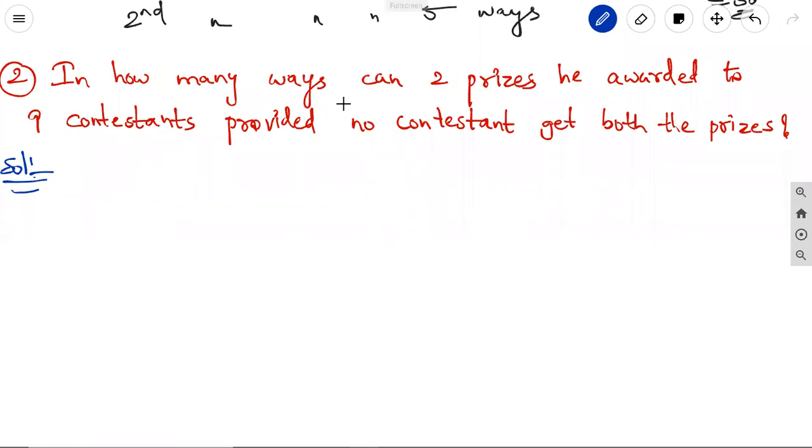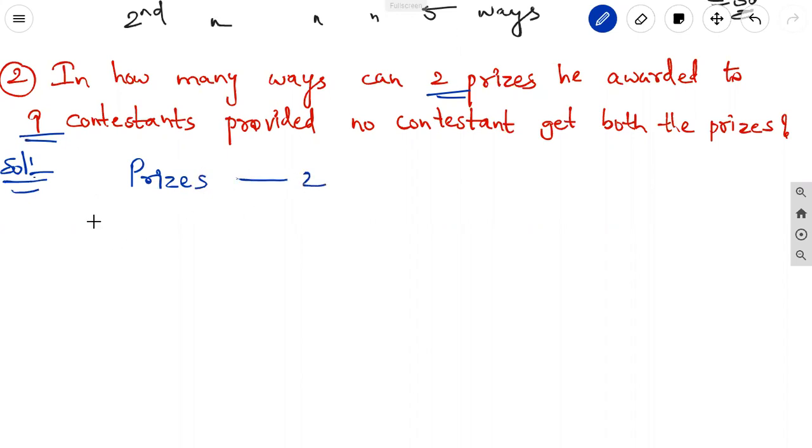In how many ways can 2 prizes be awarded to 9 contestants, provided no contestant gets both the prizes? How many are there? Prizes are 2. Contestants are 9.